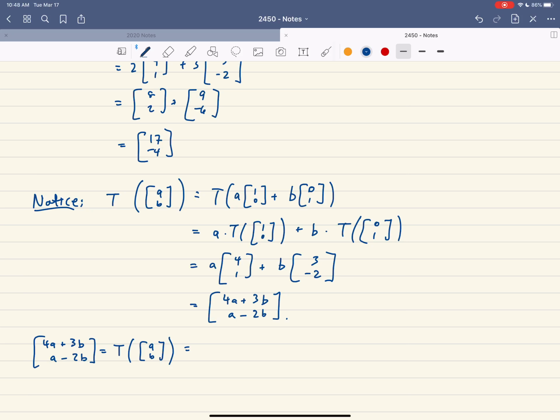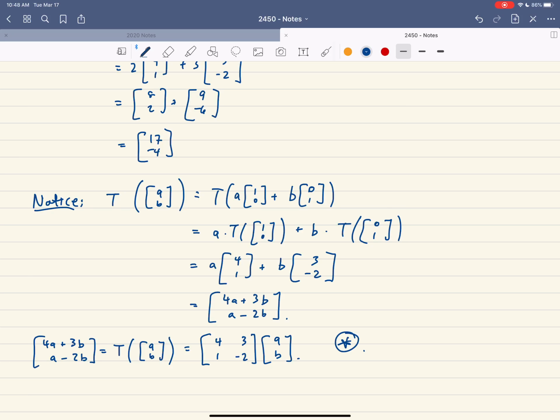And we also said that that was the same as multiplying by our matrix, where the columns were the outputs of our basis vectors (1, 0) and (0, 1), and then we're multiplying that by a generic vector (a, b). Okay, so that's a good perspective just to see how everything is working.